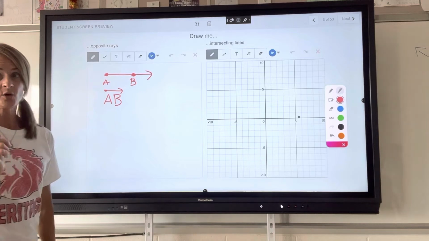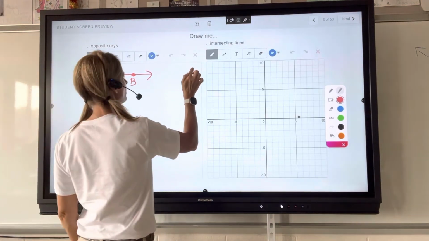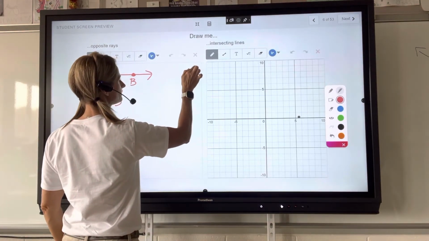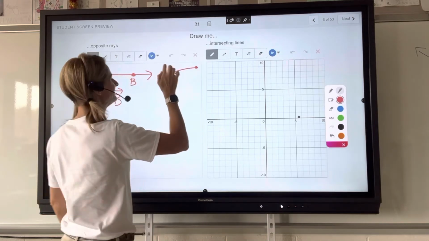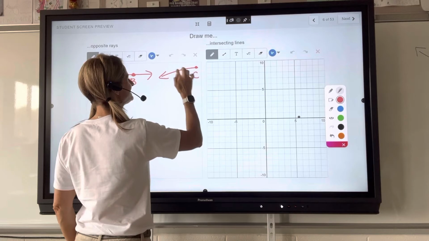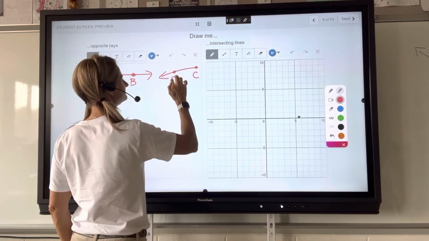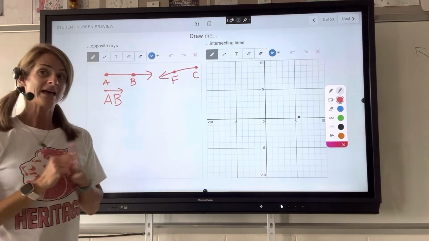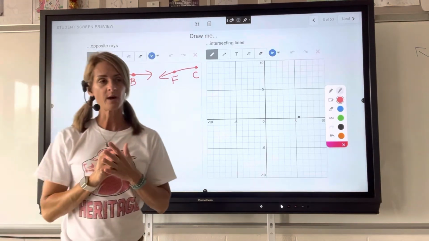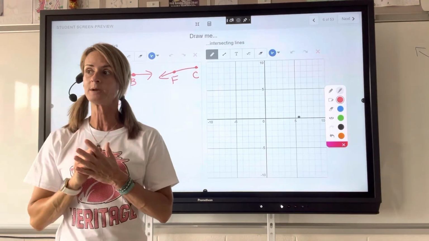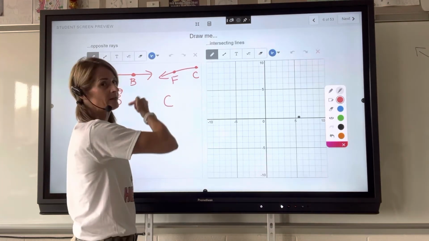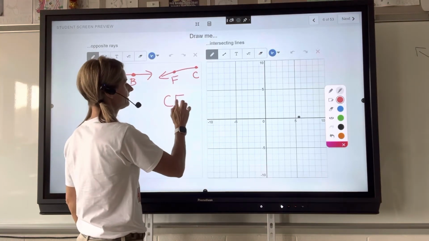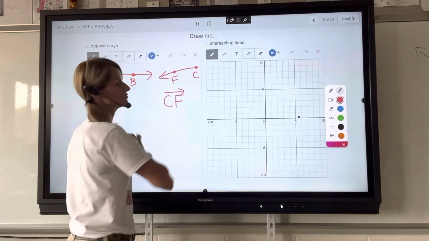Now I'm going to draw a ray going another direction. I'm going to draw something like this. Okay, pretend like that's a straight ray. I'm going to call this one CF. Anytime we name a ray, we have to start with the endpoint and then have it go through another point, in this case F. And the arrow always goes to the right.